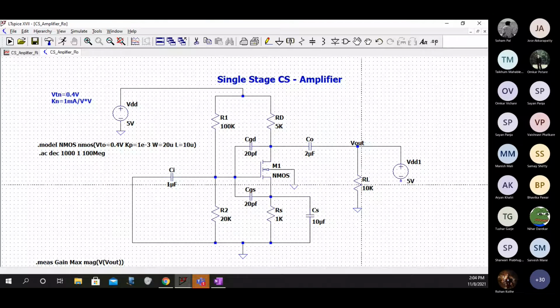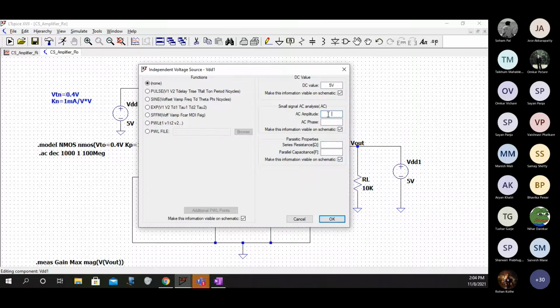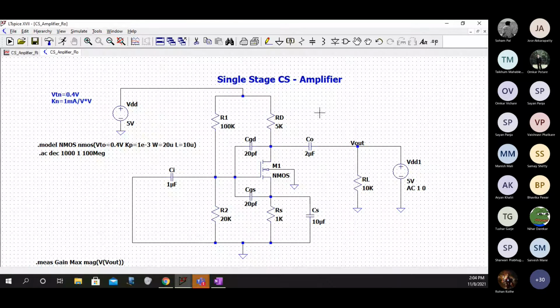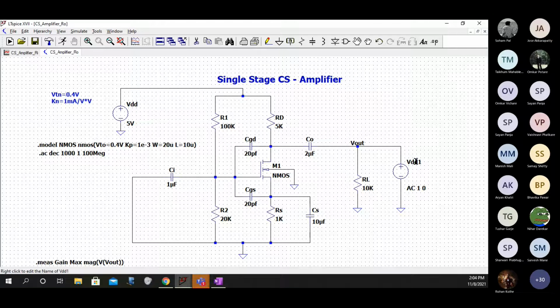Obviously RO will be RL parallel to something, but we don't know that as of now. And when we have a simulator, we should not apply so much brain. Otherwise, what is the use of using the simulator? So here we have 1, 0, and there is no value here, and I'll call this now.